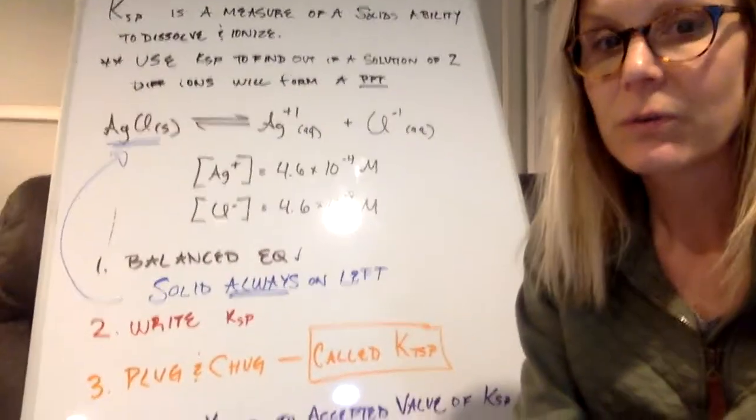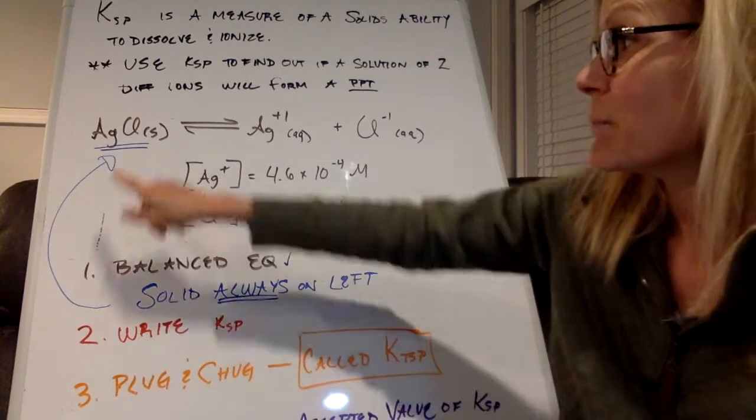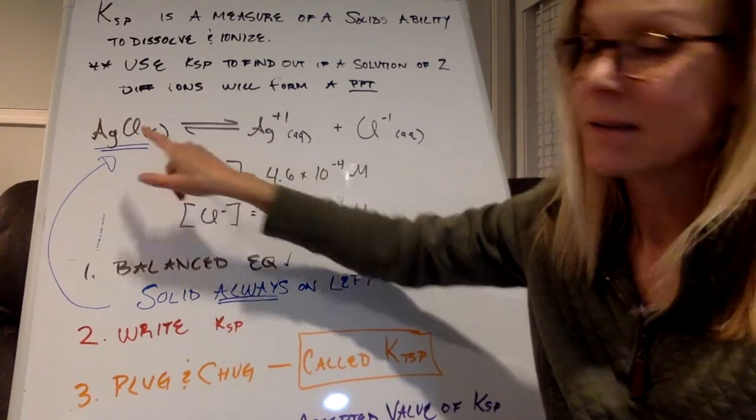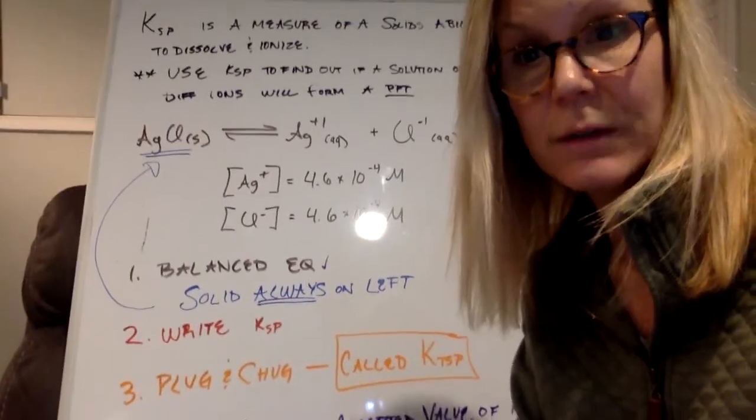Step number 2, you're going to write your KSP. So same thing, products over reactants, but we don't include solids. Sorry, I have this set on a stool in my basement.